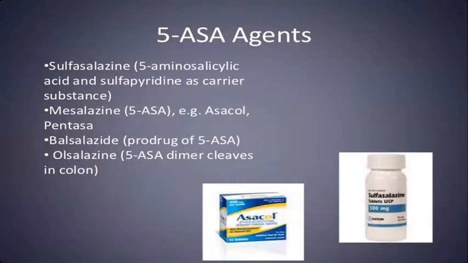Examples of 5-acetyl acid agents include sulfasalazine, which is a combination drug, and mesalazine, such as Asacol, and Mesacol is another one that is common in the market, and a variety of others that are also used in our market to treat and manage inflammatory bowel disease.